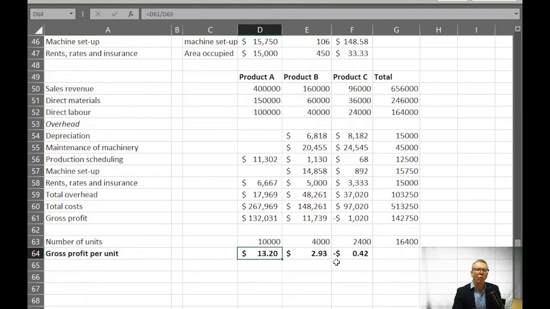So we're getting quite a different outcome and quite a different calculation of gross profit per unit for each of our products now. This suggests that there are differences in the way in which our different products are utilizing the resources. The more we find differences when we do an activity-based application of overhead costs relative to a single factory-wide application of overhead costs, the more those numbers vary, the more we're potentially going to benefit from implementing an activity-based costing system or a similar type of costing system.